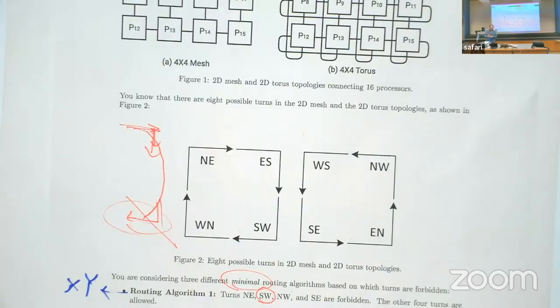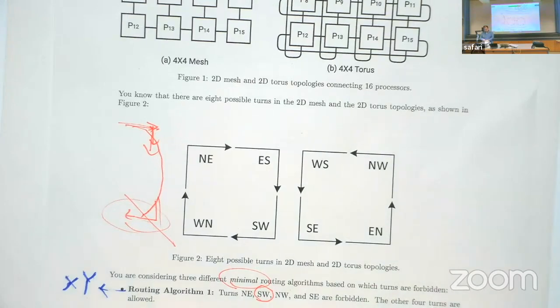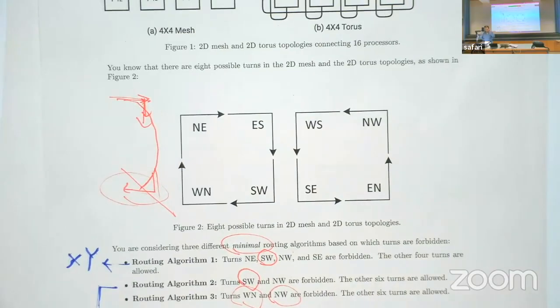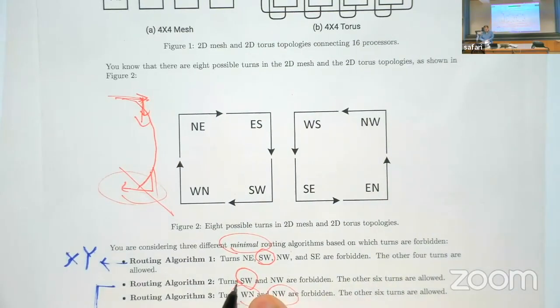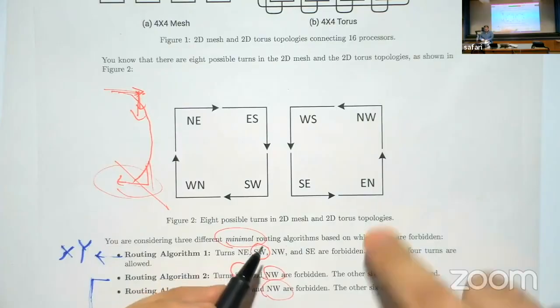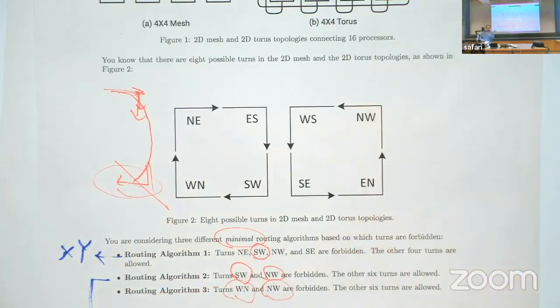It's clear now? Okay. So for routing algorithm 2, the proof is exactly the same because again we cannot have a southwest turn. So you're using the southwest turn for proving that deadlock cannot happen in clockwise order, and northwest for counterclockwise.